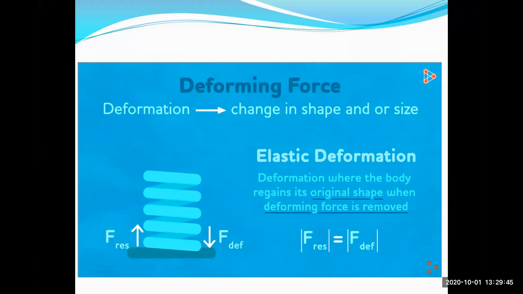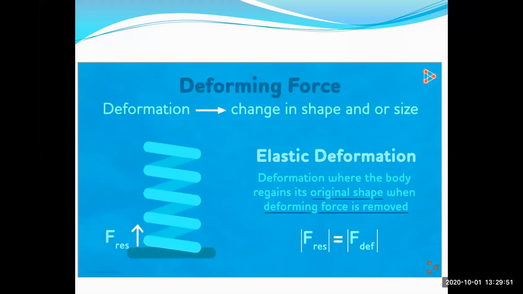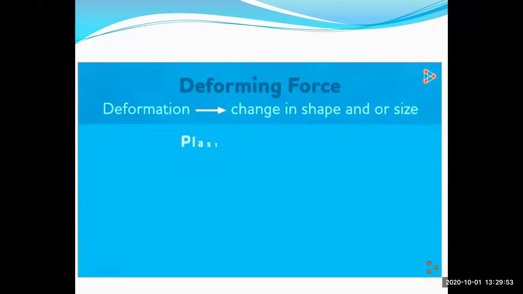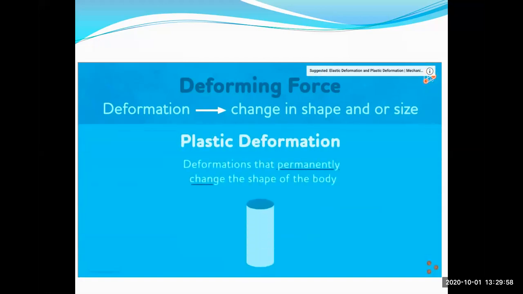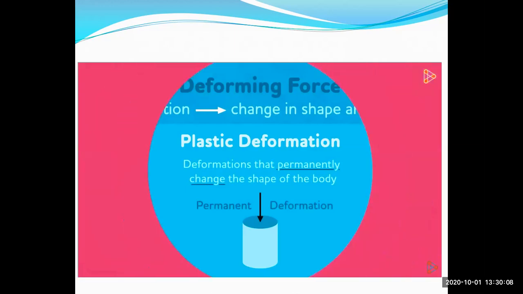And as soon as we remove the deforming force, this restoring force comes into play and restores the body to its original shape. Plastic deformations, on the other hand, are the deformations that permanently change the shape of the body. The applied force here is simply too much for the body to bear, and that results in permanent deformation. Now, which objects show elastic deformation and which ones show plastic deformations?